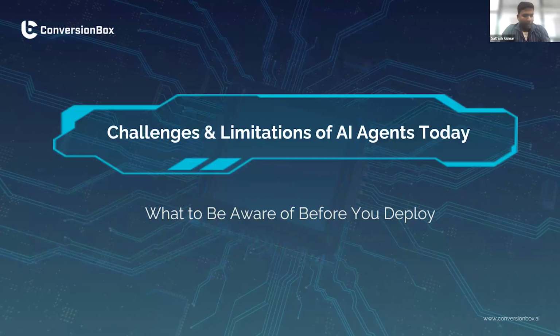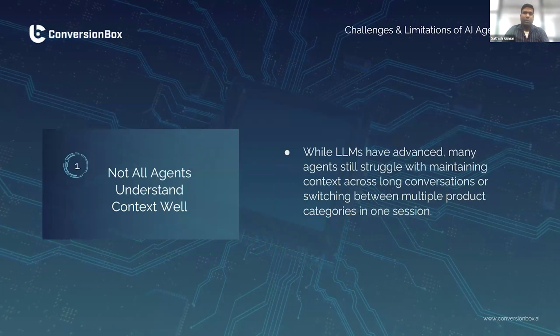Of course, AI agents are being deployed, at least many companies are starting to deploy these things. It also comes with limitations. The first limitation is the LLM training. Not all agents are able to understand the user's intent properly.